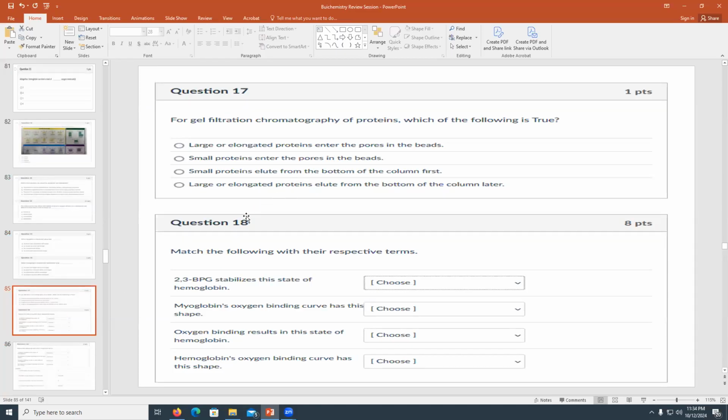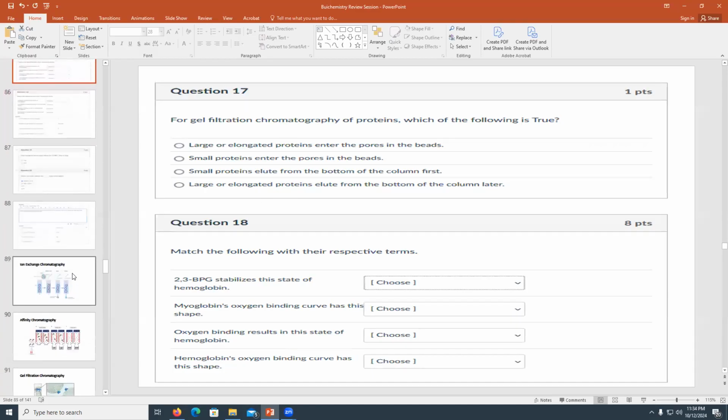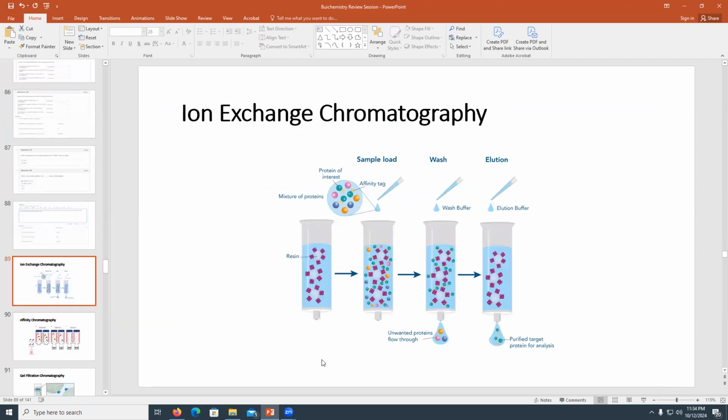Okay, gel filtration, chromatography of proteins. Which of the following is true? So this may require us to go here. This is ion exchange chromatography. In ion exchange chromatography, we have a resin of a particular charge, and we put through our protein of interest.